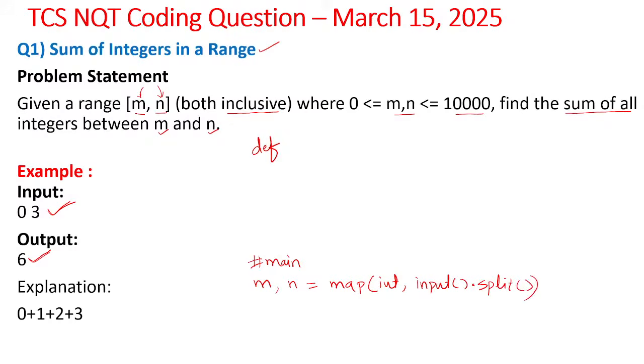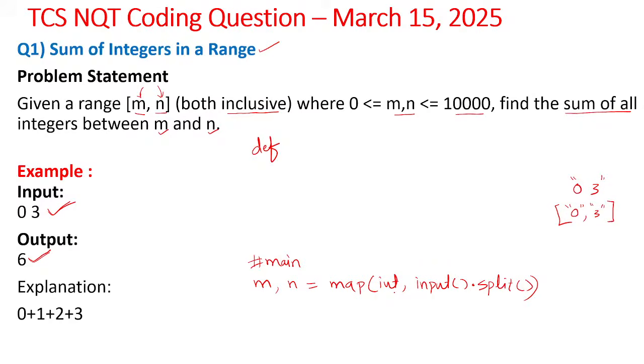So here the input function reads this 0 3 as a string. It reads this entire thing as a string. Then the split function splits this, taking white space as the separator, into two separate strings, 0 one string and 3 another string, and it returns a list containing two strings.